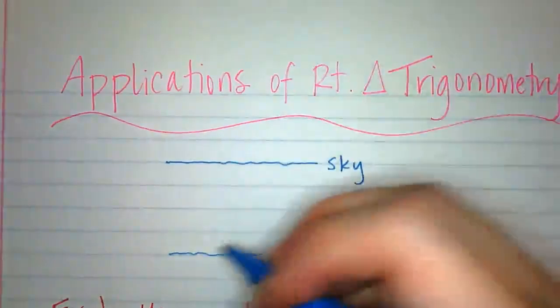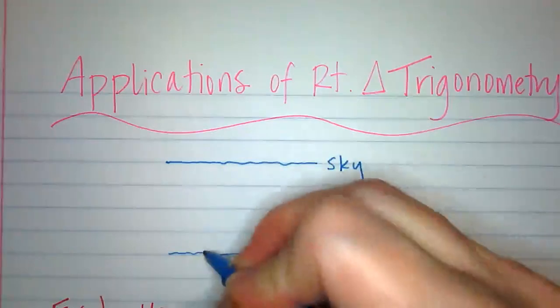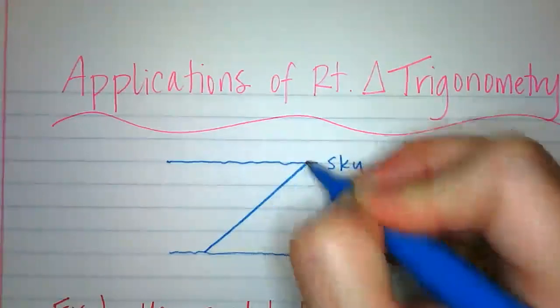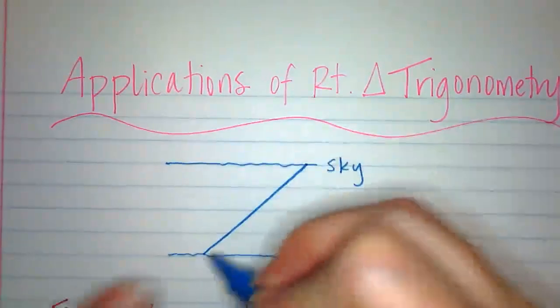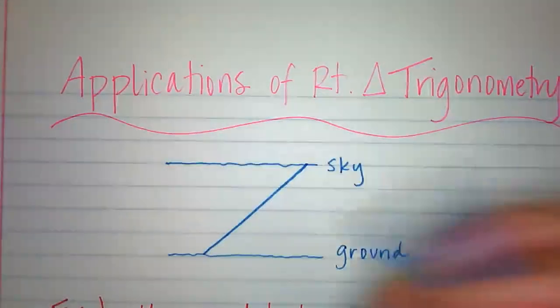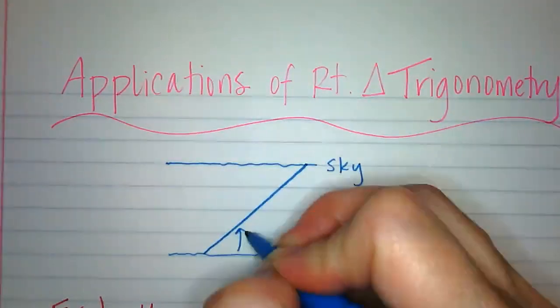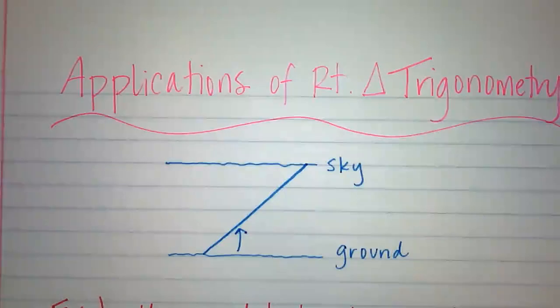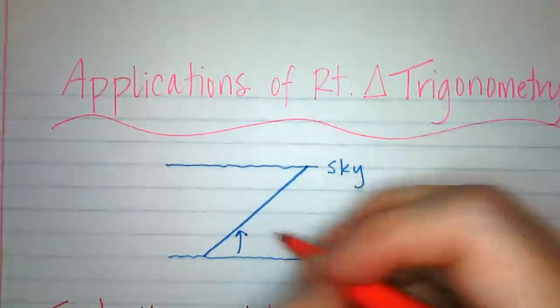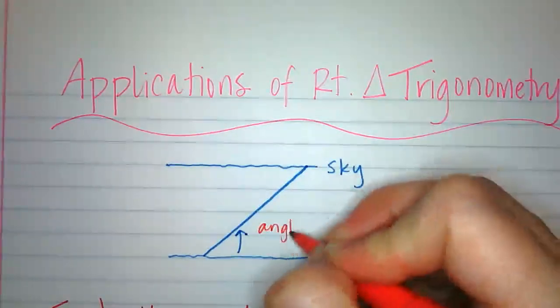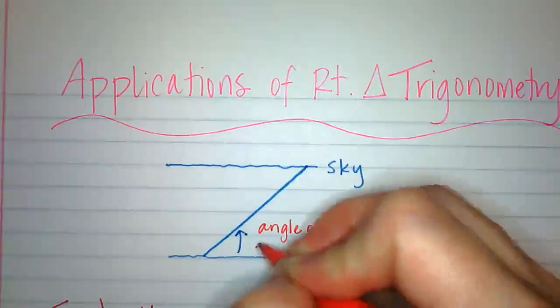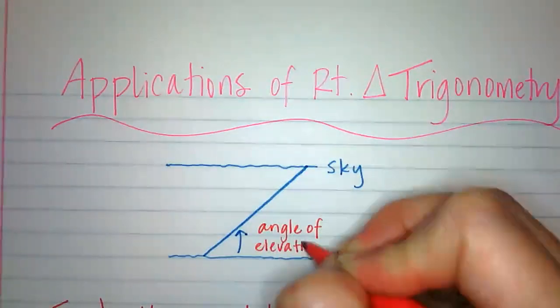So maybe you are standing on the ground and looking up at the sky. This is your line of sight right there. From the ground up is what's known as the angle of elevation. So this is the angle of elevation.